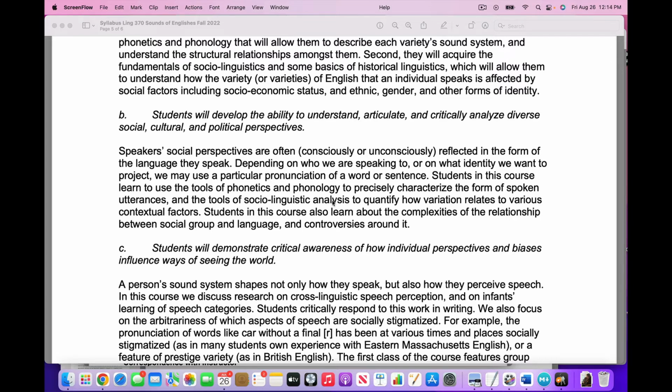The next requirement talks about your ability to understand, articulate, and critically analyze diverse social, cultural, and political perspectives. And what you'll be learning in this course is how social perspectives are often reflected in the form of the language we speak. Depending on who we're speaking to or what identity we want to project, we may use a particular pronunciation of a word or sentence. And we'll be talking about factors like this right in the first section of the course.